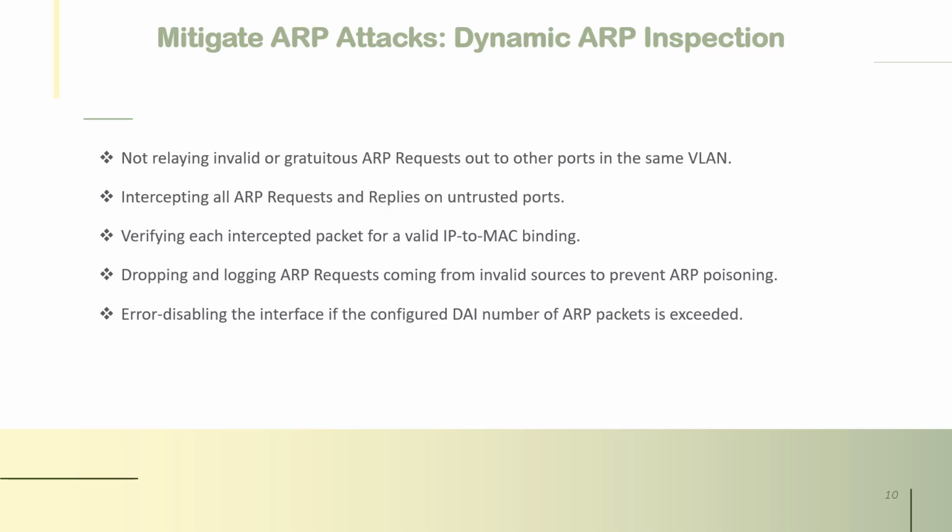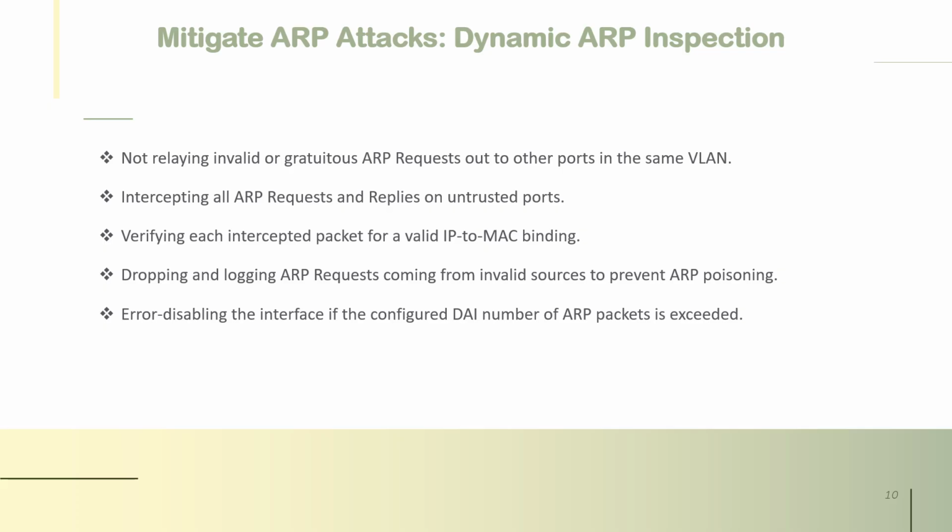intercepting all ARP requests and replies on untrusted ports, verifying each intercepted packet for a valid IP to MAC binding, and dropping and logging ARP requests coming from invalid sources to prevent ARP poisoning.